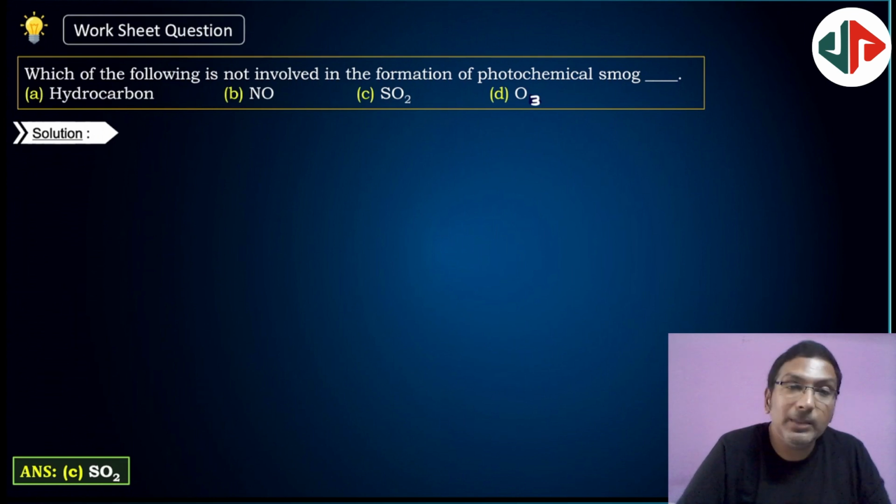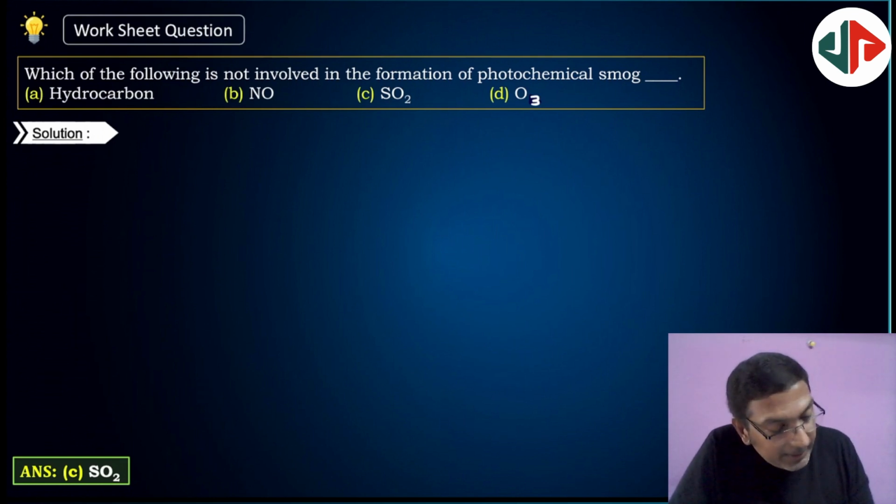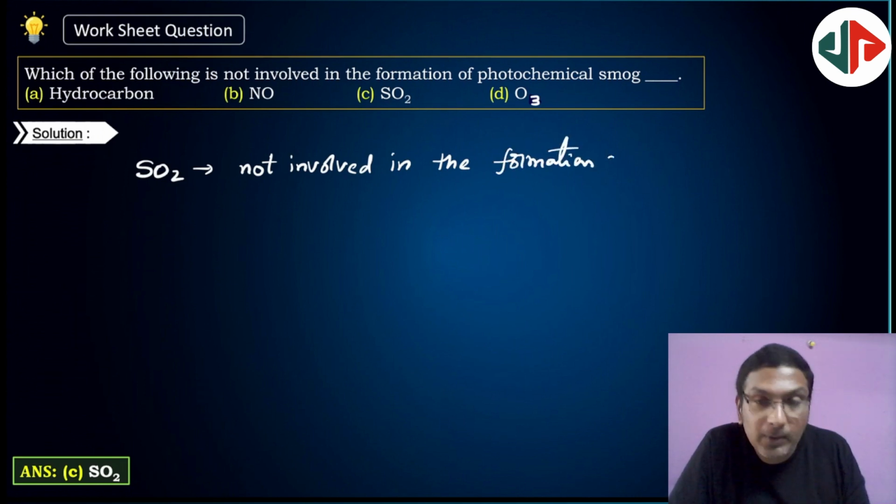So hydrocarbons, NO and O3 are components, but SO2 is not involved in the formation of photochemical smog.